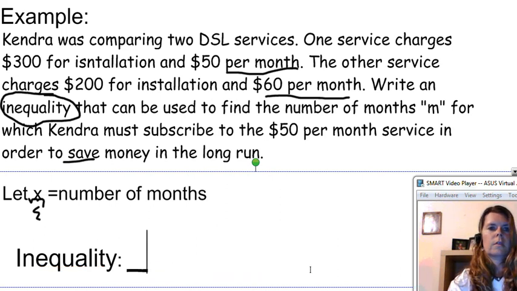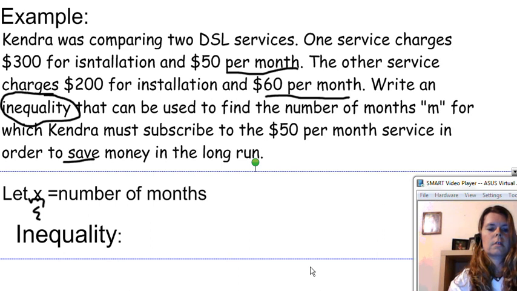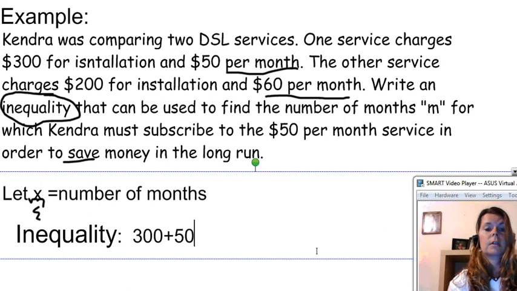So the first DSL service says 300 plus 50 per month. 50 times 1 for 1 month, 50 times 2 for 2 months, 50 times 3 for 3 months. But it's not 1, 2, or 3, it's m. And then let's leave a space for our inequality sign, because we don't know that right now.